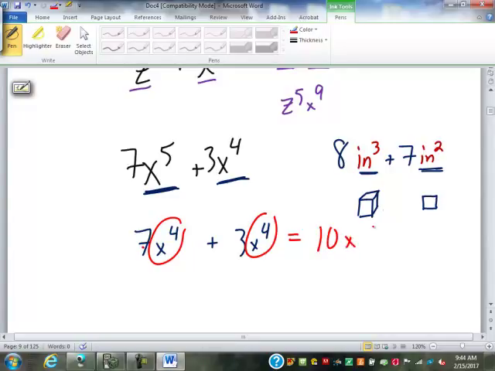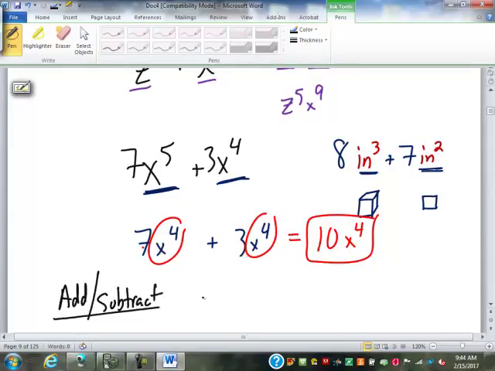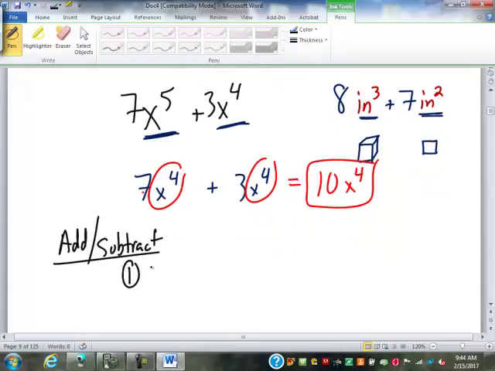Will this be x to the 8th? No. It'll still be x to the 4th, because when we add or subtract, we keep the same name. So remember that rule. Add or subtract. Rule number 1 is we must have the same name.